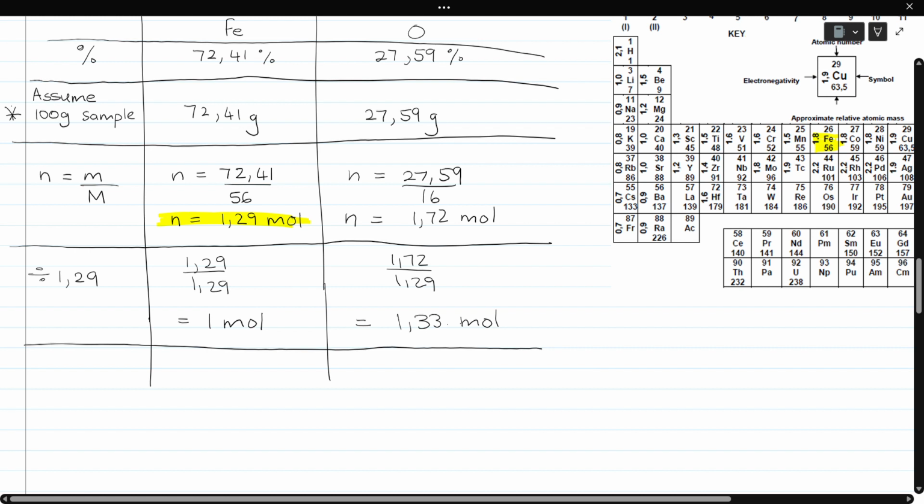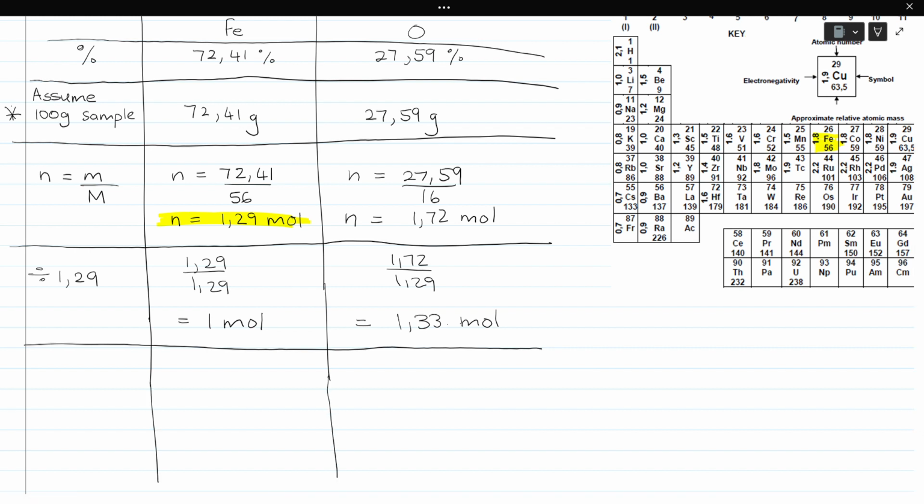Now we are going to decide if we can round off this number or we have to multiply the number. So here is where you have to make a decision. Do you round off or do you need to multiply? How would you make this decision? You're going to multiply only if you have 2 cases.